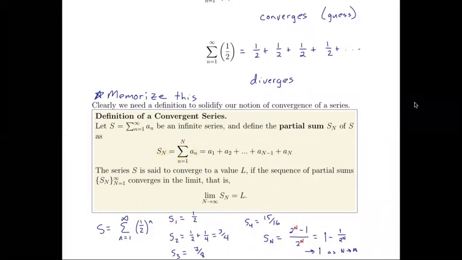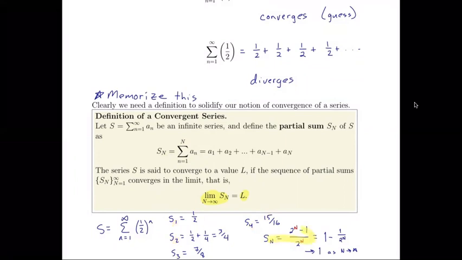This lets us define convergence of a series. So what we noticed is that with each of these partial sums, we got a term. Well, these terms come in an order, 1, 2, 3, 4, and so on. So that sequence of terms, or this list of terms, can be thought of as a sequence. Okay, so if the limit of the sequence of partial sums converges to L as capital N goes to infinity, in other words, we keep looking at more and more partial sums, more or less like we did here, then we say that our series converges and its limit is L. It's exactly what we did down below.